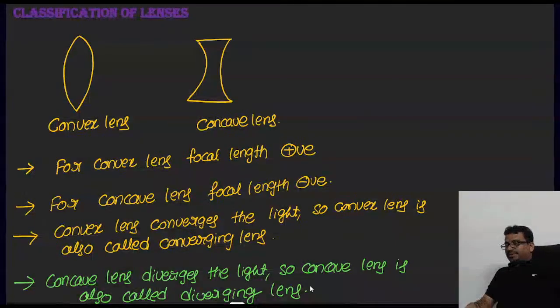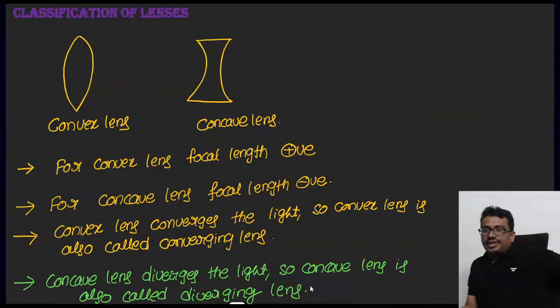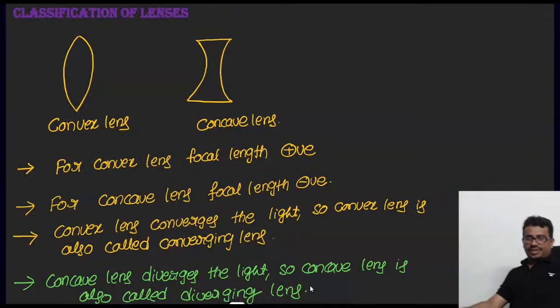Convex lens is called a converging lens. Concave lens is called a diverging lens.